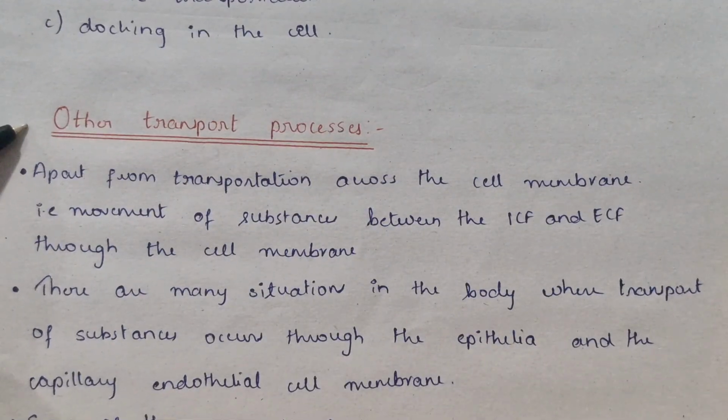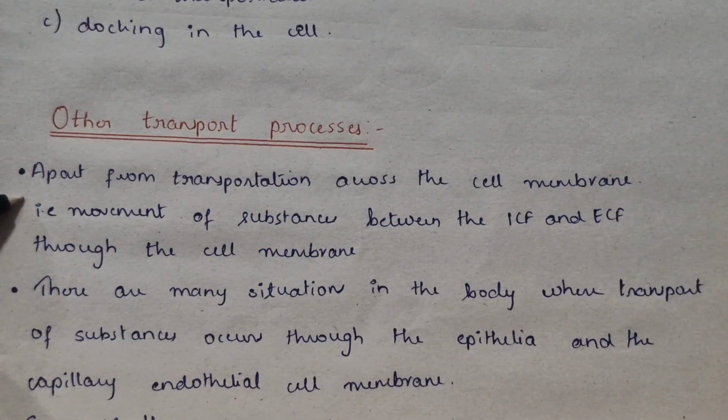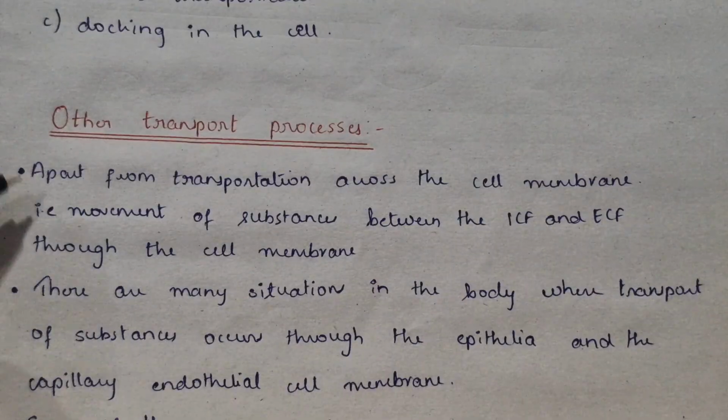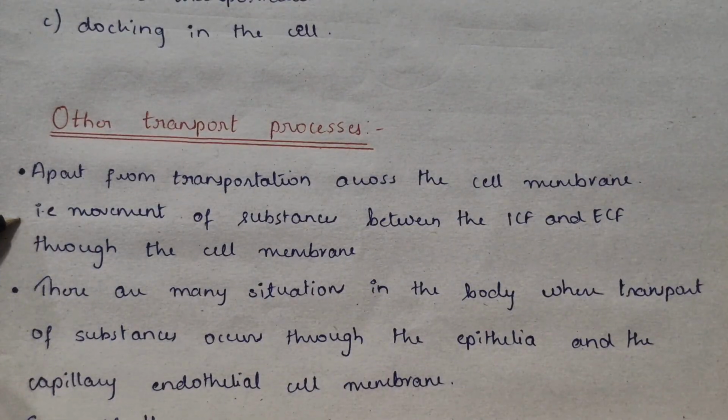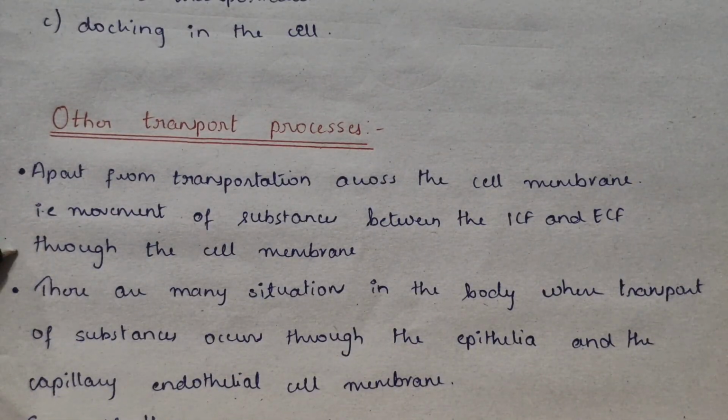Now, apart from endocytosis, exocytosis, and transcytosis, there are other transport processes which occur across the cell membrane, that is, movement of substances between the intracellular fluid and the extracellular fluid, that is the ICF and the ECF, through the cell membrane.